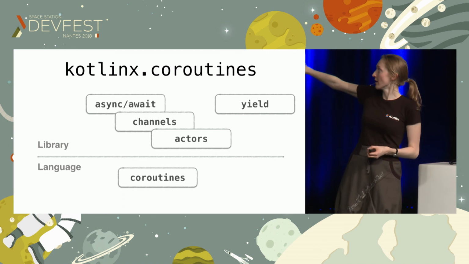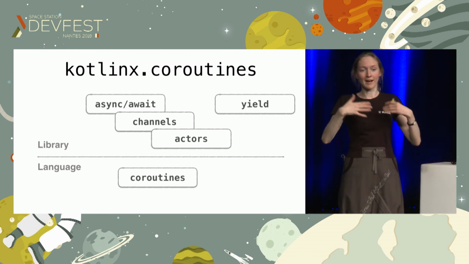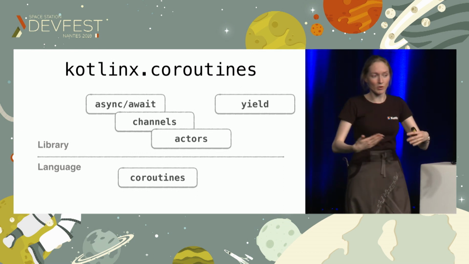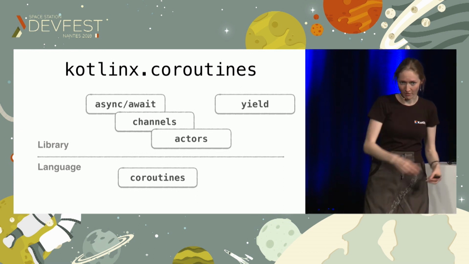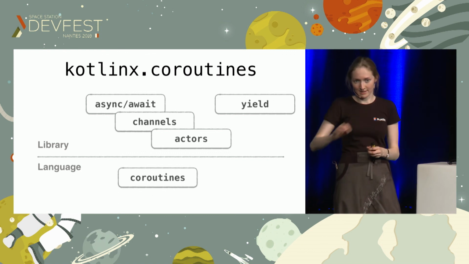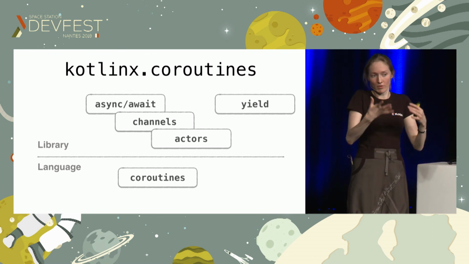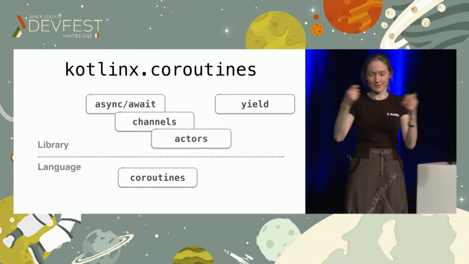Again, the concept of coroutines lives in the language. The language supports the suspend modifier for suspend functions, coroutine builders like suspend lambdas, and all this magic of suspending the computation and restoring it back. Everything else is built on top of it and lives in the library.